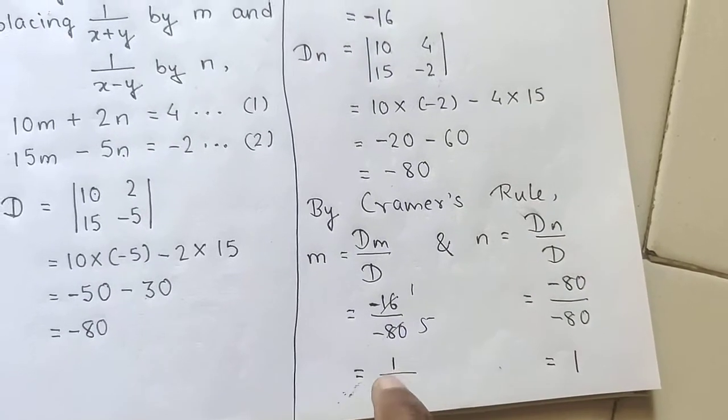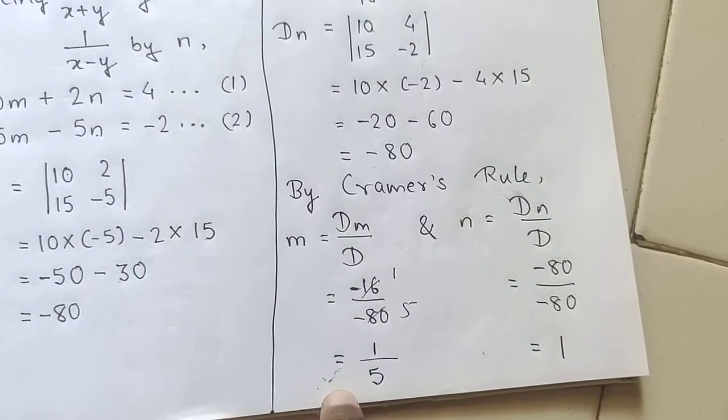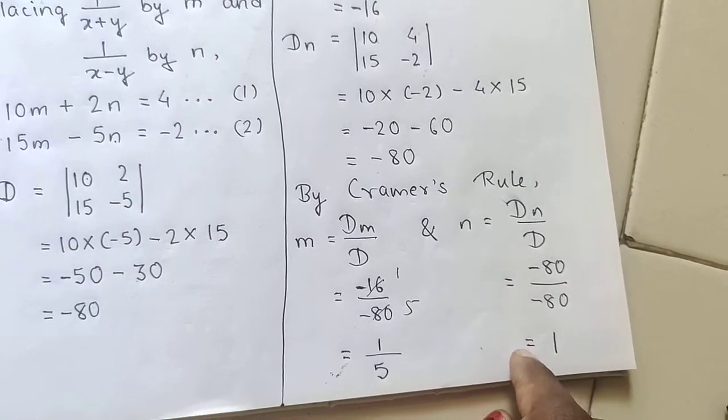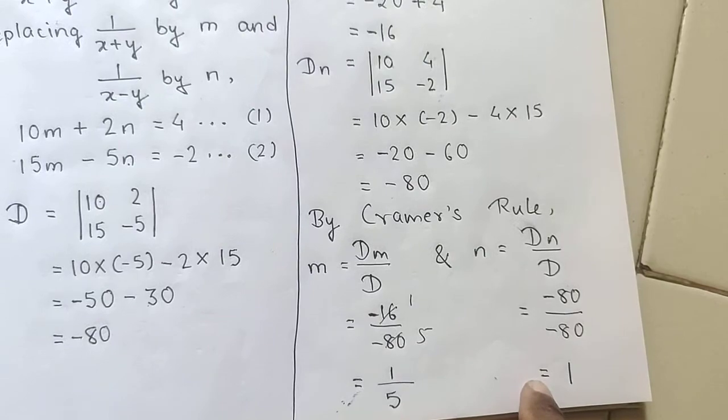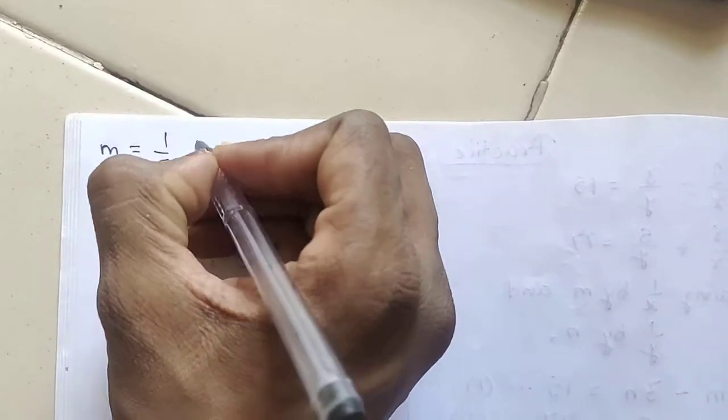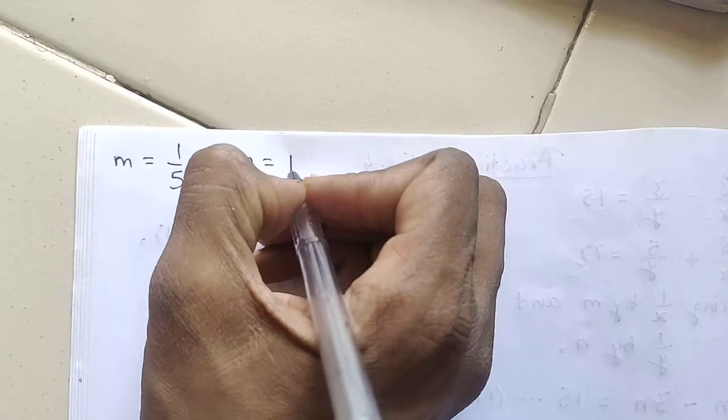Okay, so finally you got 1 upon 5 is the value of m, and n is equal to 1. Let's just write it. So we have value of m 1 upon 5 and value of n 1.